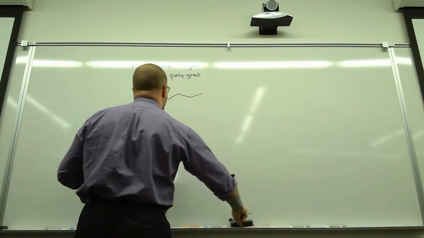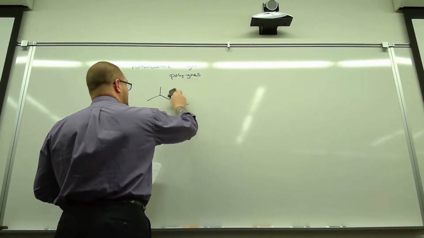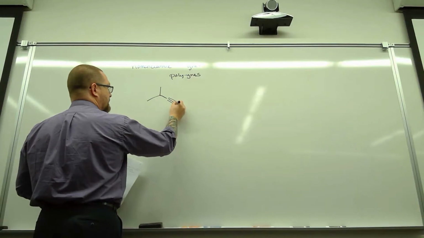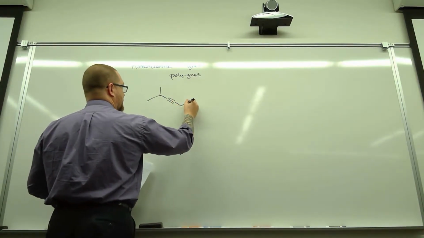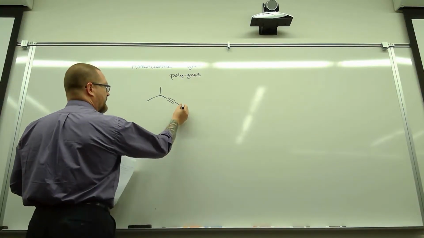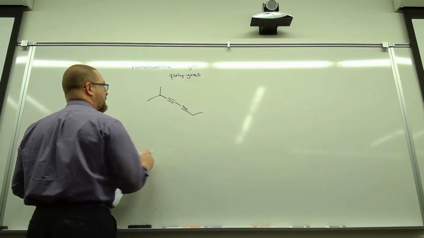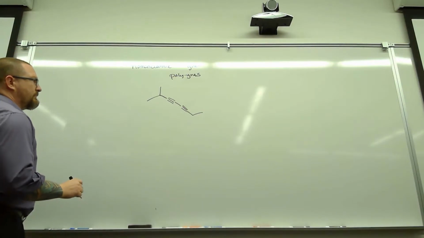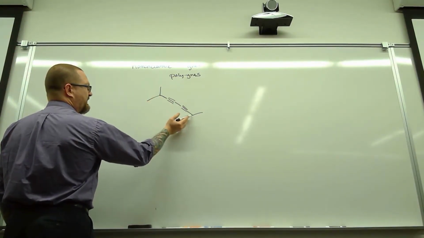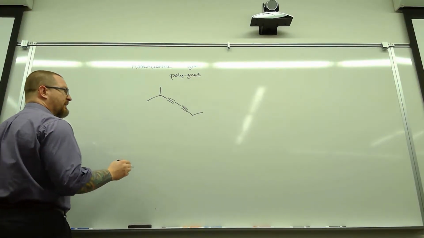And so if we're going to name one of these, whoop, that is not right. Let's change it up. Well, I don't want to draw a lame structure, so let's do a good one. Something like this. We've got 1, 2, 3, 4, 5, 6, 7, 8 carbons, so we have an octyne.